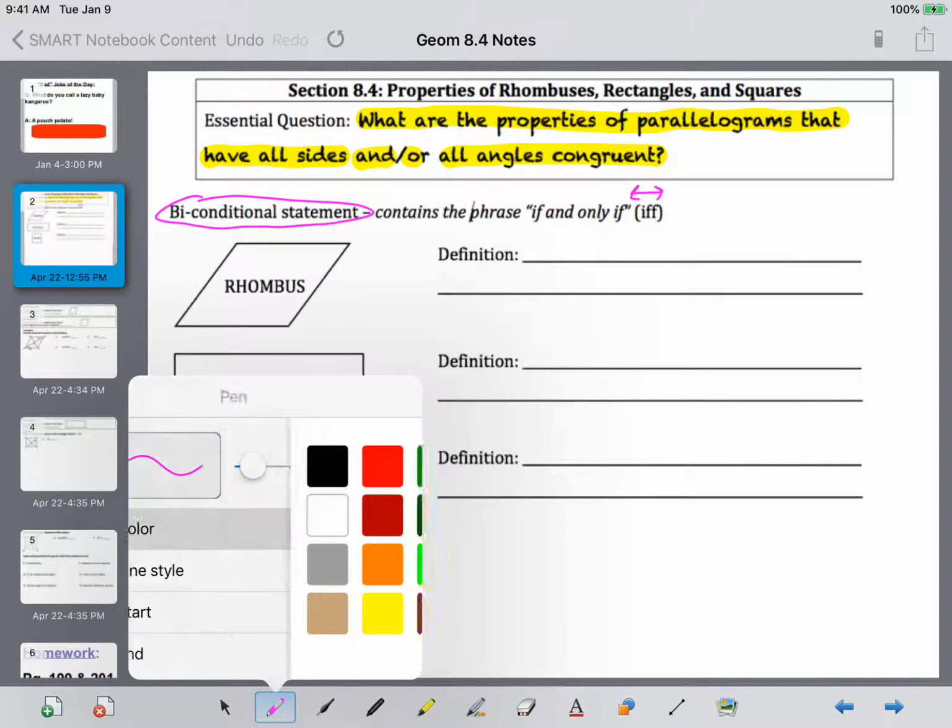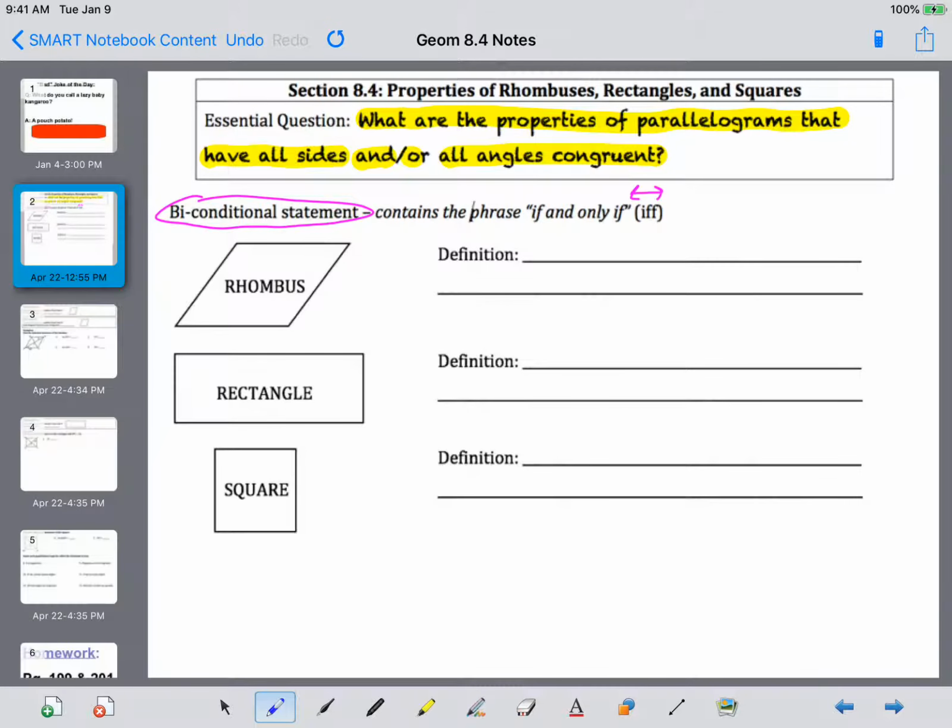First of all, a rhombus is a parallelogram, but the special thing about it is that it has four congruent sides. You'd put tick marks on all four sides, and that would be a rhombus.